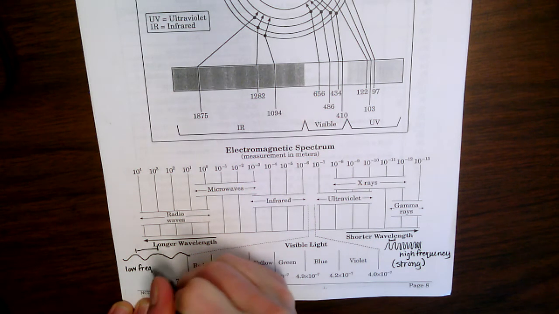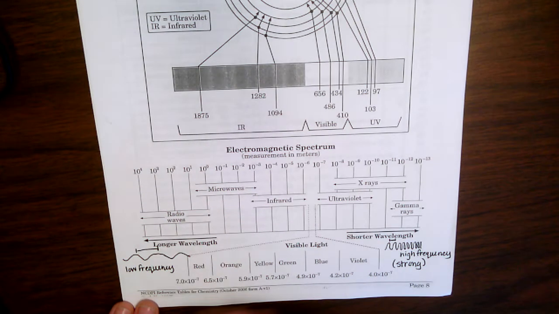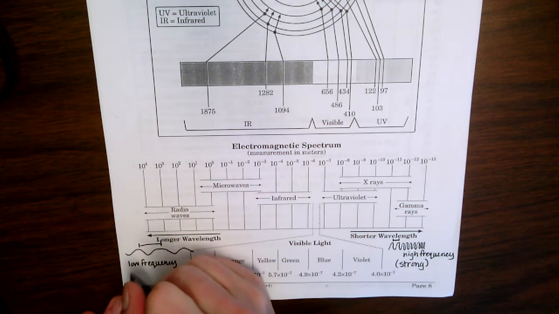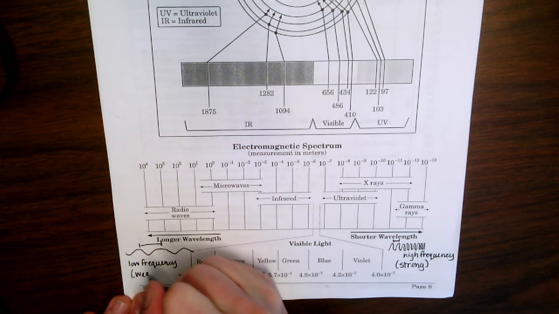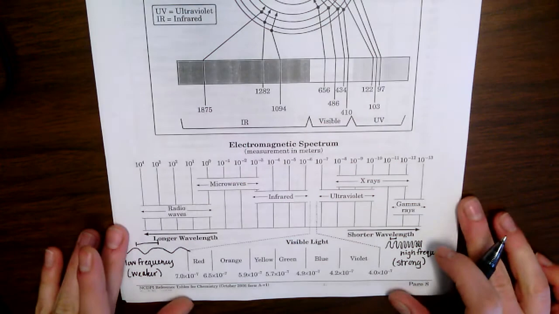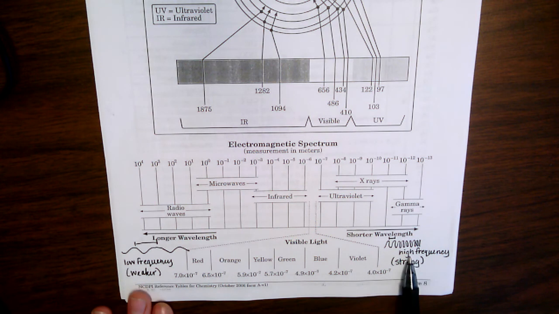You've probably heard people talking about radio waves being low frequency waves. And they're also weaker. So these have a long wavelength, a low frequency, and they're weaker. These have a high frequency, a short wavelength, and they're stronger waves.